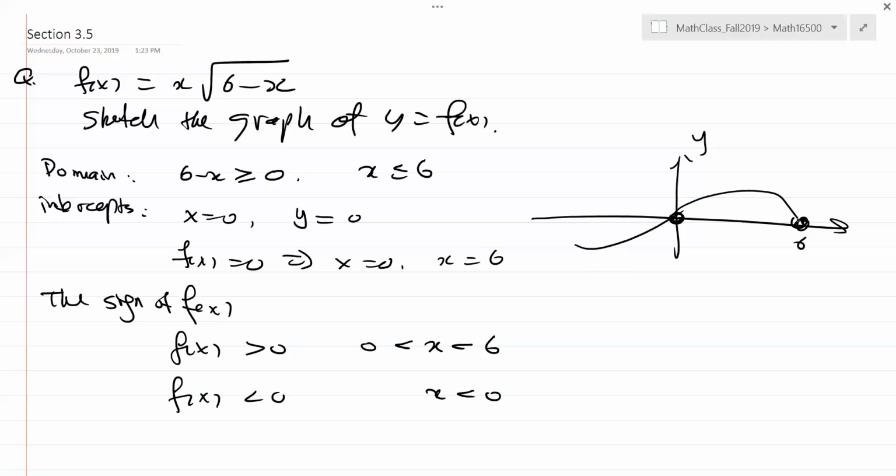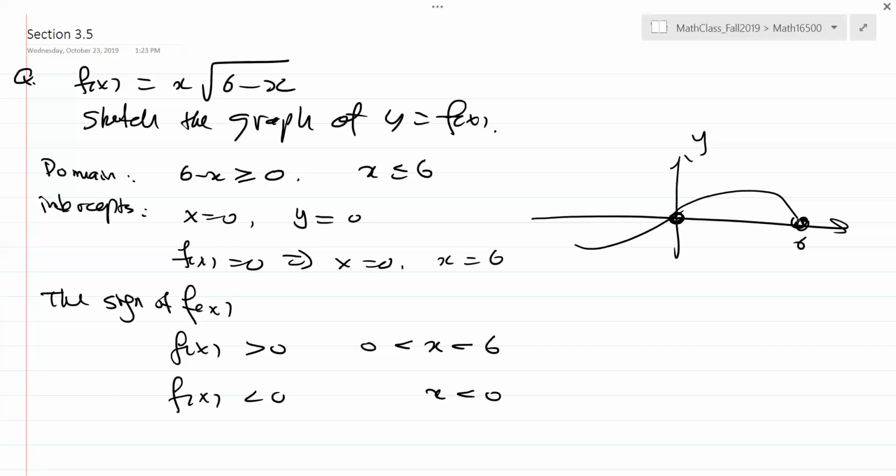What we need to know is the asymptotic behavior of the graph as x approaches negative infinity. I also want to know the absolute maximum value. There's clearly an absolute maximum somewhere.